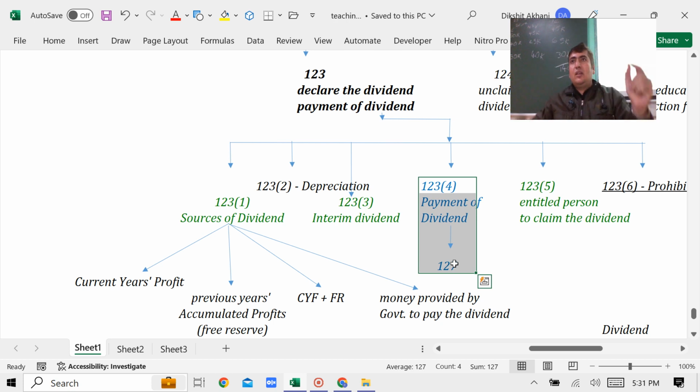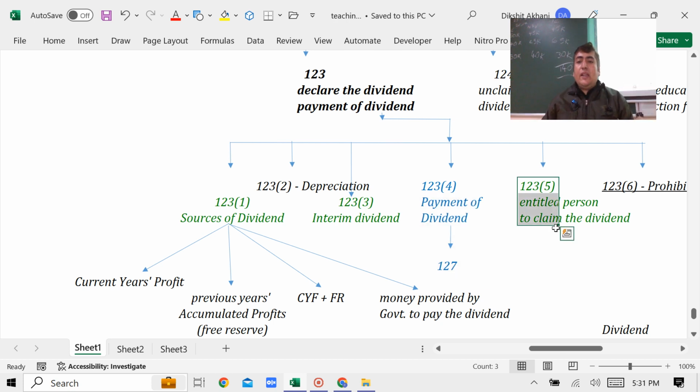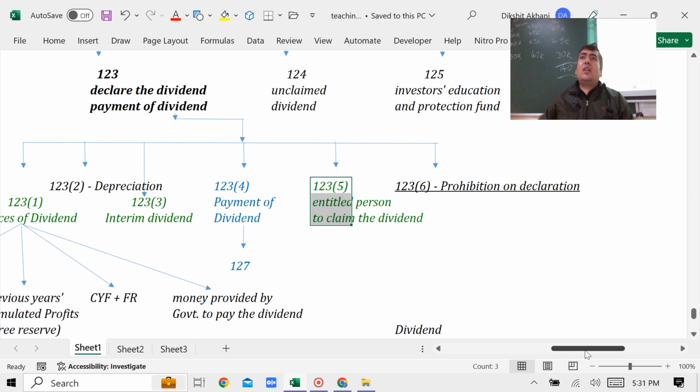Theek hai? Who is the entitled person to claim? So guys, anyone who is registered in the company as a member or registered shareholder is entitled. Now what does 123 subsection 5 mean? In the past, these kinds of incidents happened. Let's say Sparsh comes to me, I am the company secretary.